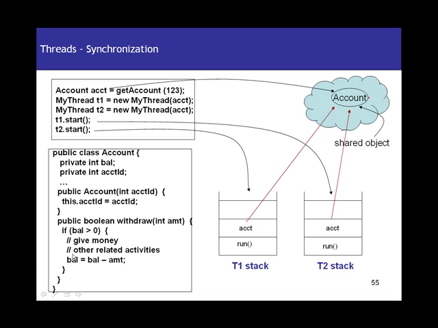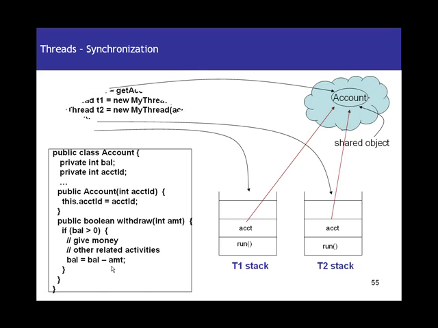If the condition is satisfied, it gives me back the money and performs certain related activities like updating certain flags, and in the end it updates the balance in the account class. The new balance is my original balance minus the amount I have withdrawn.